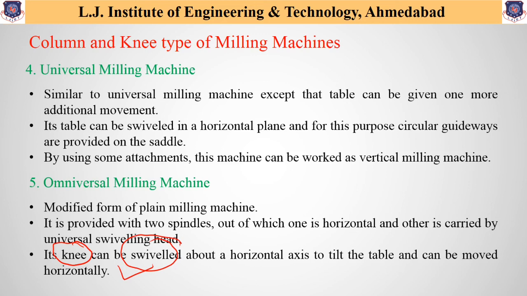All these machines are column and knee type milling machines, because the major important parts in all of them are the column and knee, and with the help of the column and knee, all the extra movements can be given to the workpiece. So I hope the difference between horizontal, vertical, universal and omniversal milling machines is clear to you.